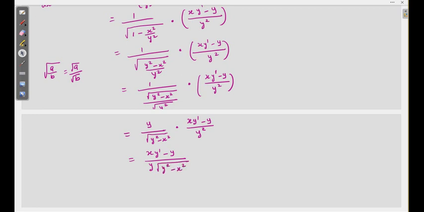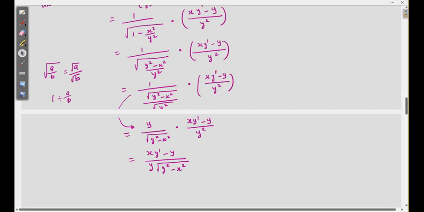Is this okay? Yes, because remember here you saw the flipping of 1 divided by a over b. That's how we got this one. That makes sense? So we flipped it there, and the square root of y squared is y.